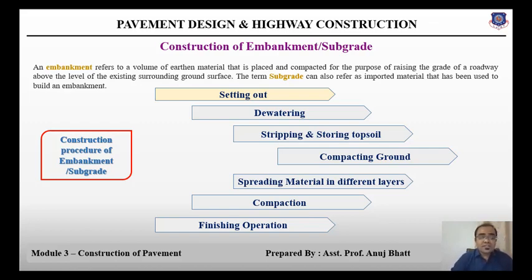After the completion of site clearance, the limits of embankment shall be marked by fixing pegs at regular intervals. So once you clear the path, the first task you have to perform is to mark pegs.